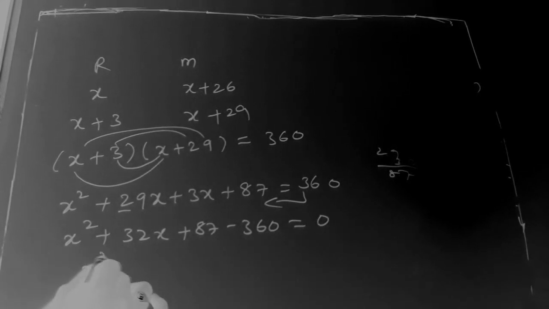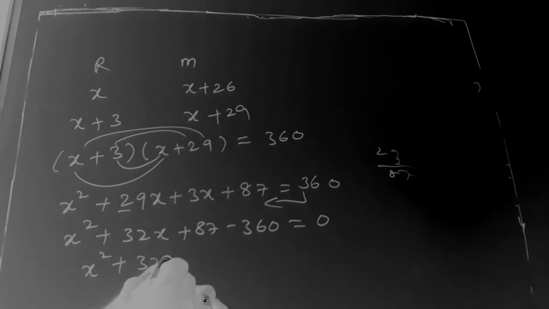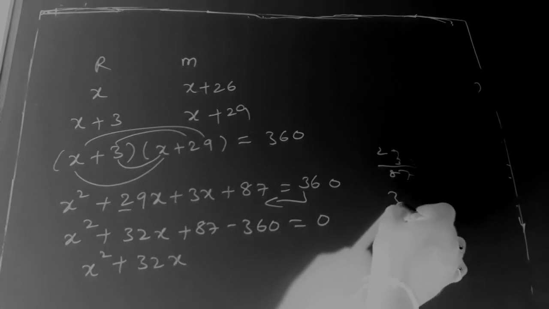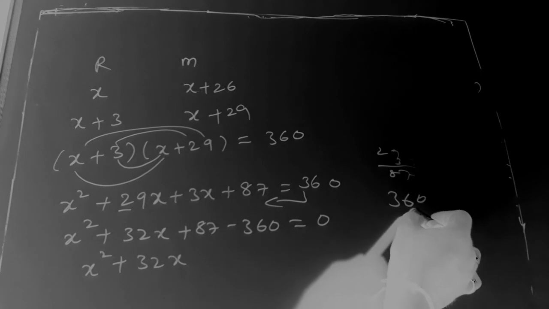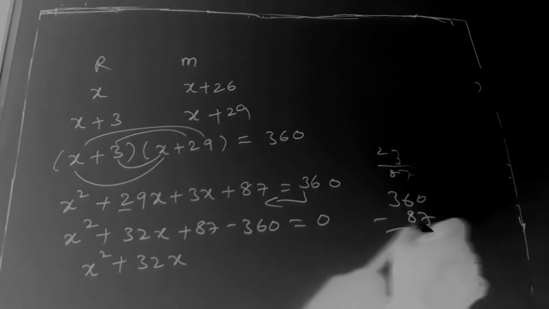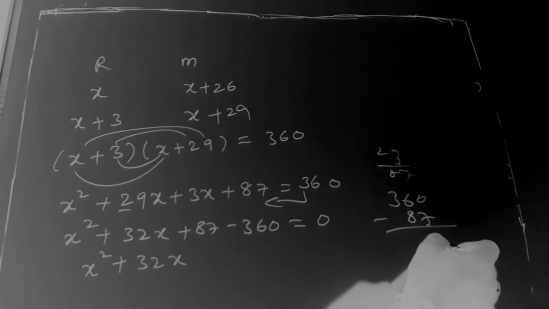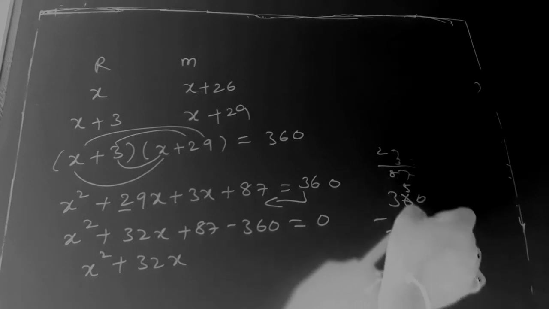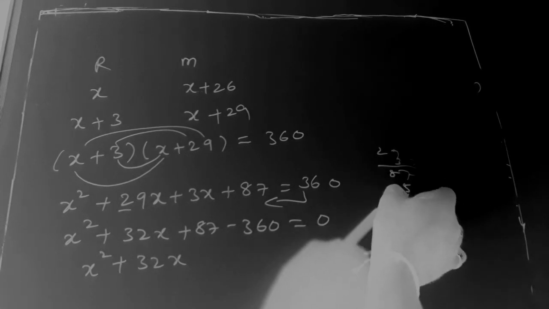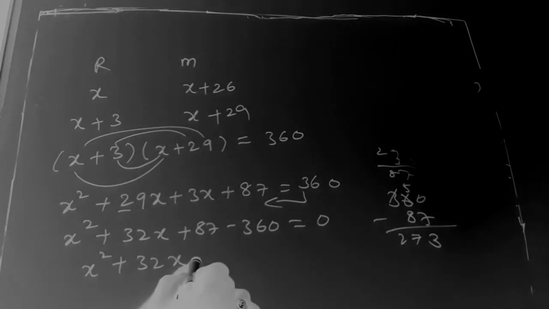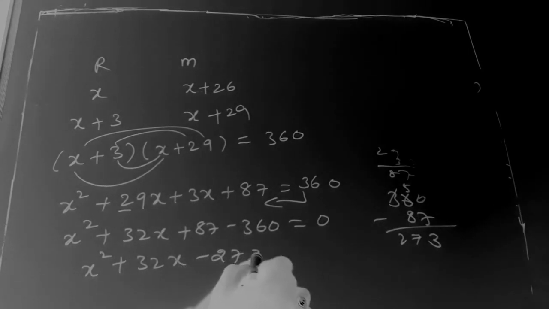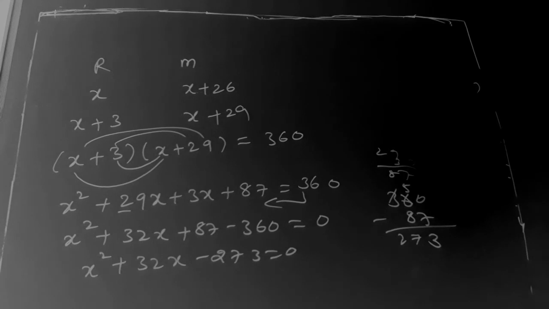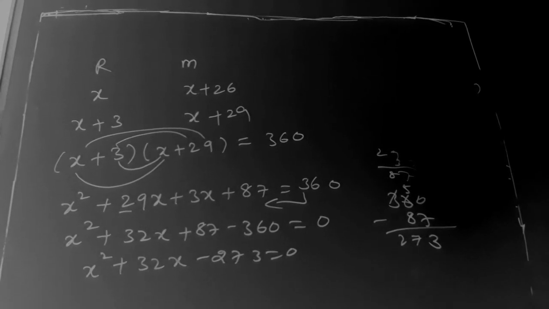So x square plus 32x, subtract 360 minus 87. So 10 minus 7 is nothing but 3. Here 5 will be there. So 15 minus 8 is 7. Here 2. Minus 273. So it is in standard form. So it is a quadratic equation.